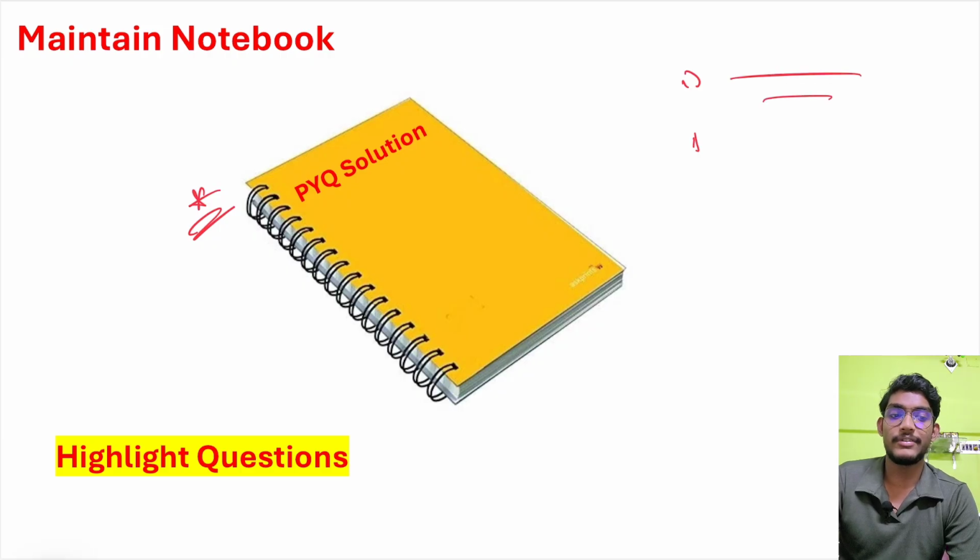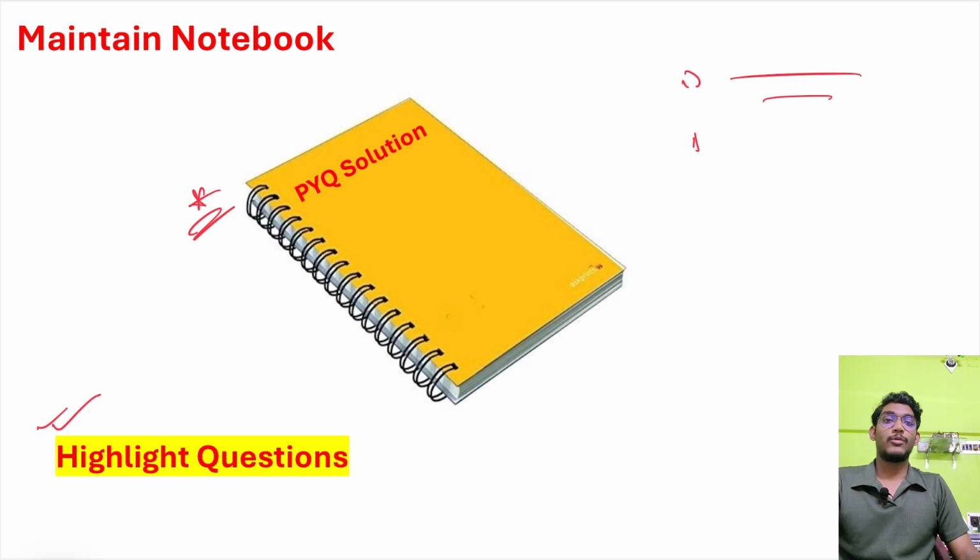And whenever you face difficulty with a particular question, you have to highlight that question, because when you solve a similar question, you should not feel difficulty a second time. During the first time, you are already giving a lot of time to that particular question. So if you maintain a good notebook and highlight the difficult questions, it will definitely help you in the long run.